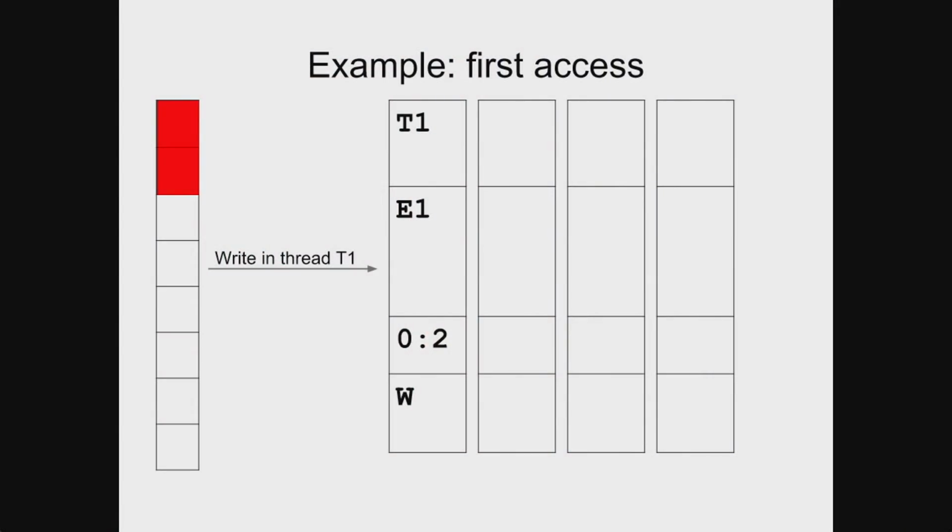Let's see what this tool does with this shadow. Suppose we have this 8-byte word somewhere in the application, and the user code is accessing the first 2 bytes, writing something to the first 2 bytes. So we fill in the first cell, telling that this is thread 1, epoch 1, the range is from 0 to 2, and this is a write.